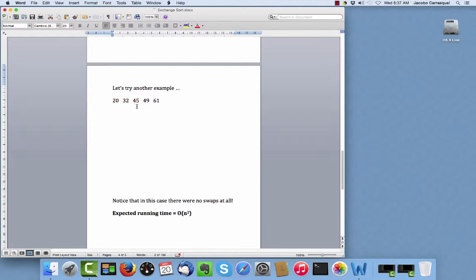Compare the next two, no swaps, compare the next two, no swaps, compare the next two, no swaps, and then it says the last value must be the largest, and indeed 61 is the largest. So the first pass didn't require any swaps, but it did compare all the elements in pairs.